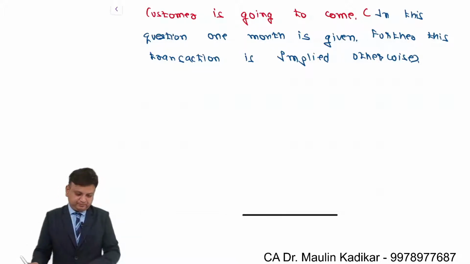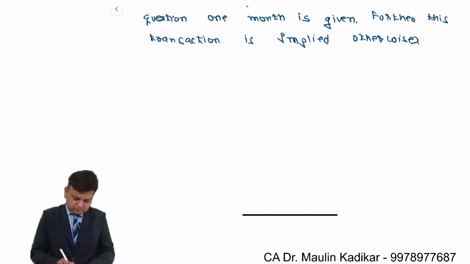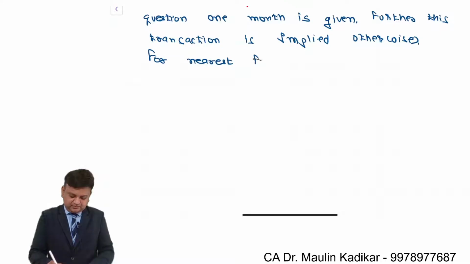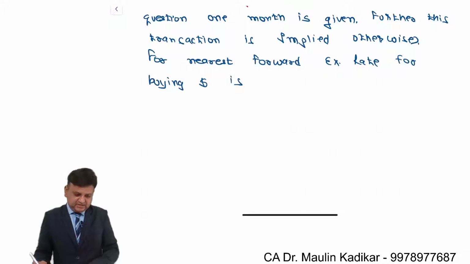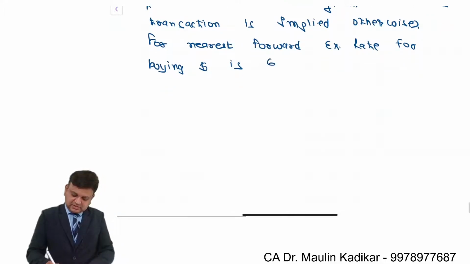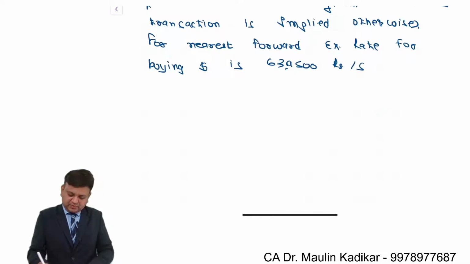Full stop. For nearest forward, exchange rate for buying dollar is 63.95 rupees per dollar.